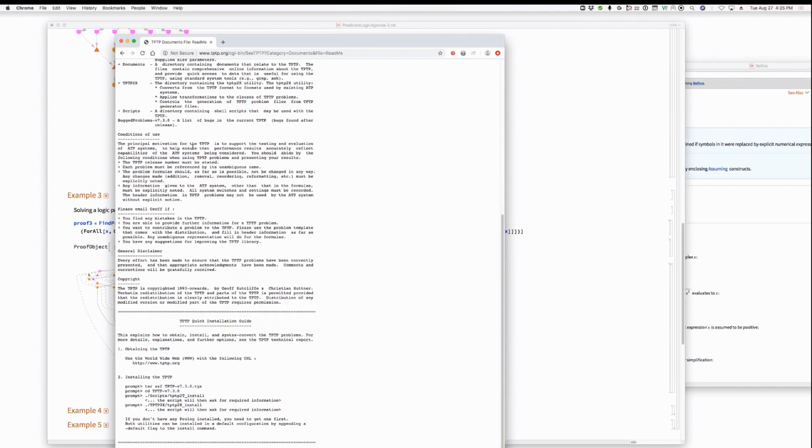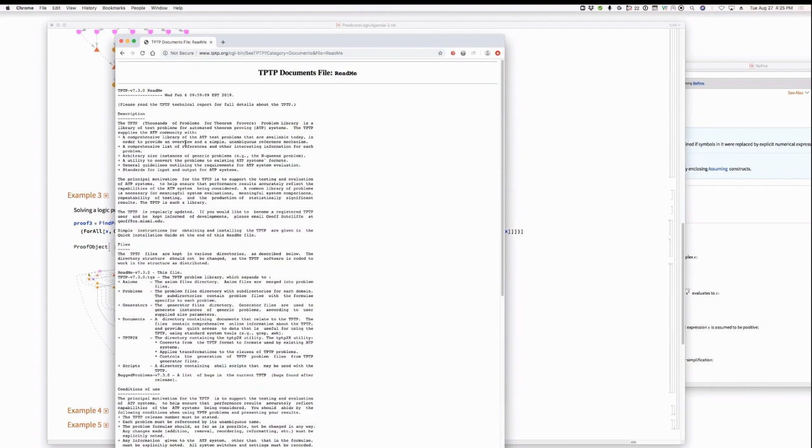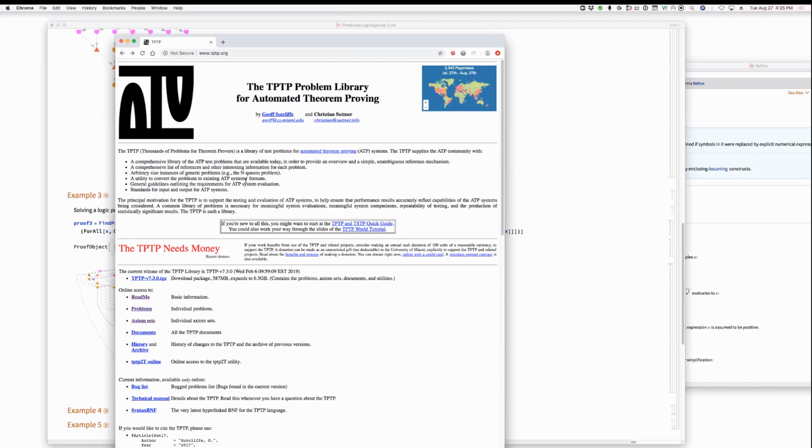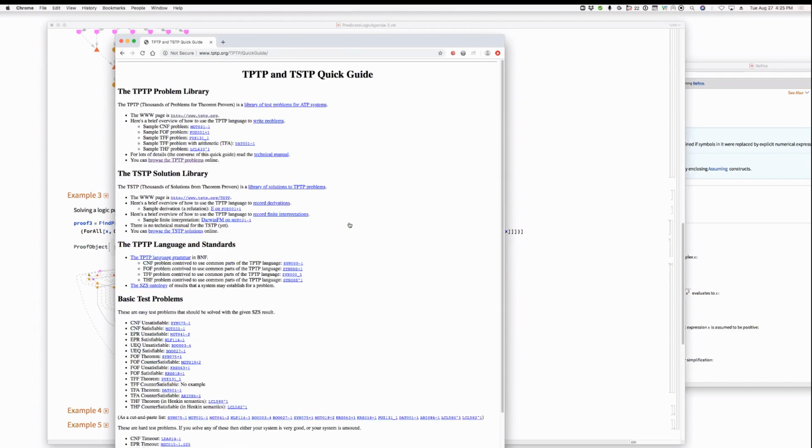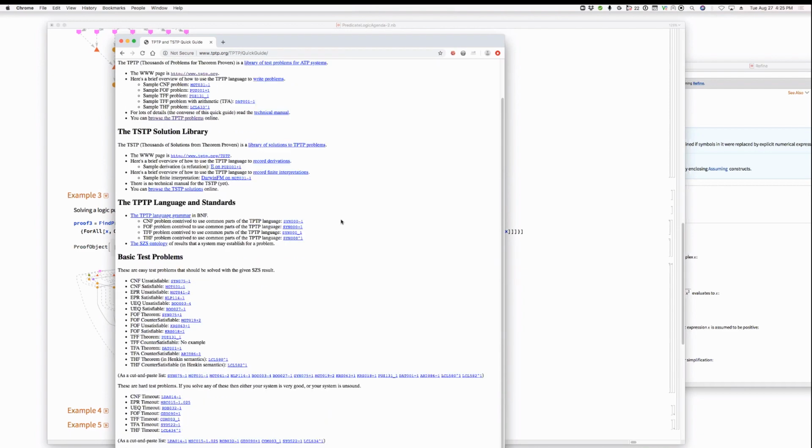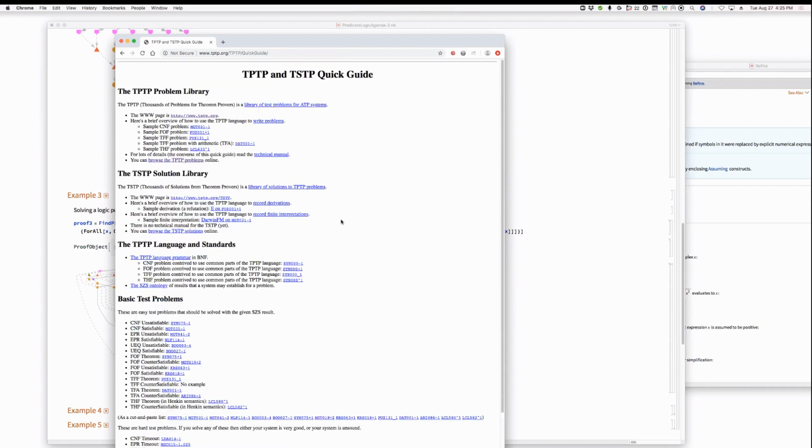Basic information. Well, where do they have the information on? What's the quick guide? Okay, basic test problems. Logic calculi, it looks like. I found there's a technical report which has all of the explanations of all the acronyms. Well, what are they?